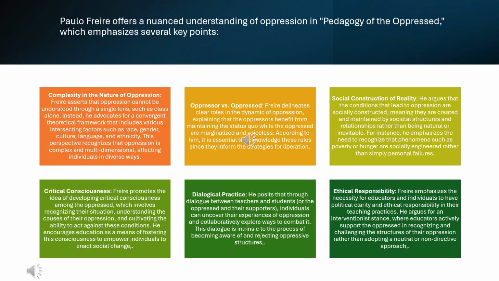But here he emphasizes the need to recognize phenomena such as poverty or hunger as socially engineered rather than simply being personal failures. And this idea that it's not the student's or the child's fault that they are from a socially not well off economic background.